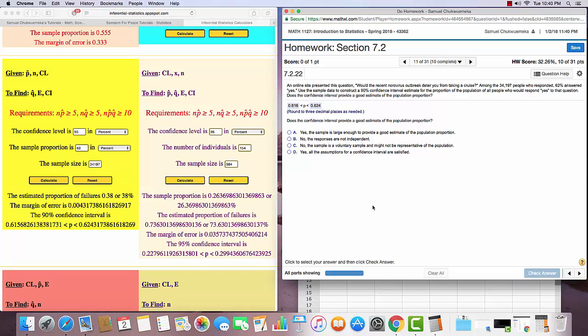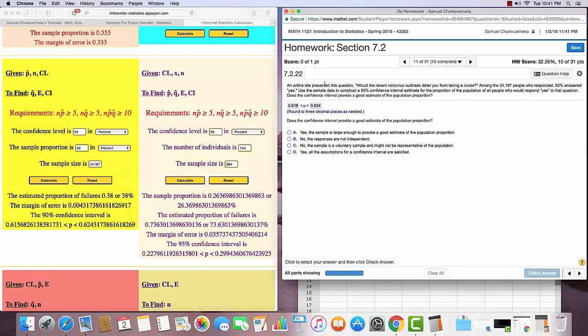So I know I mentioned earlier that we assume that the requirements for constructing a confidence interval about a population proportion are all satisfied. One of the requirements is that the sample has to be a simple random sample. You look at this question again.